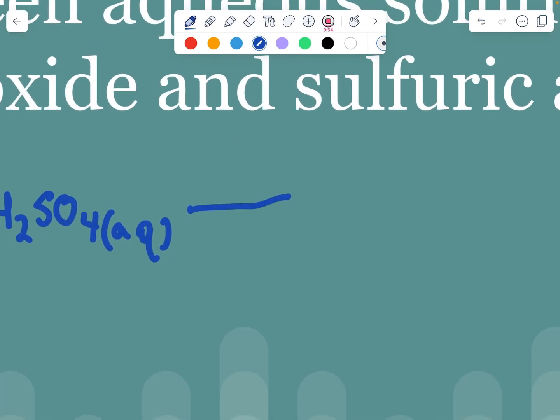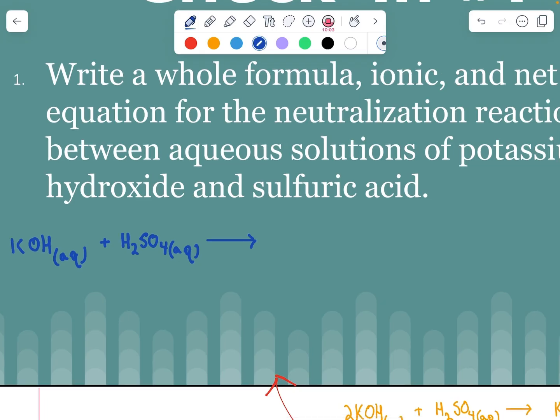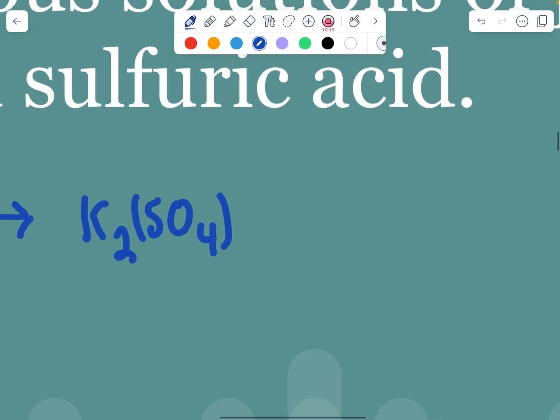And so what does that yield? Well, this is sometimes referred to as a metathesis reaction, but essentially just a double replacement. We're going to switch partners. So our K is going to switch with our sulfate, which has a charge of -2, so we need 2 potassiums.